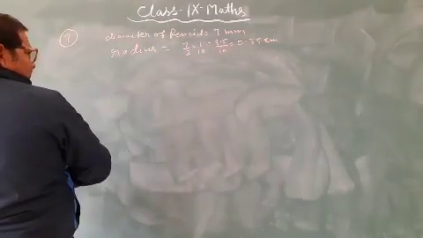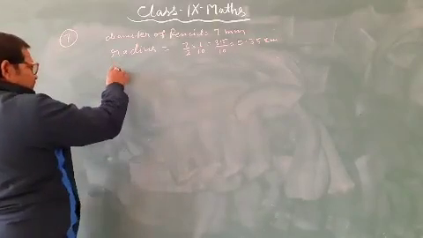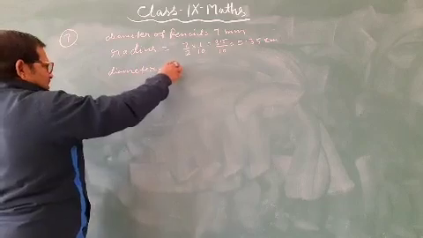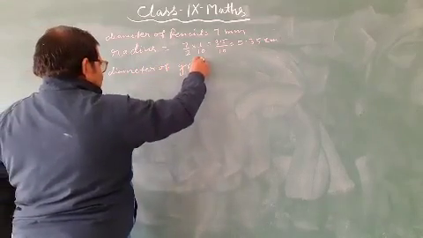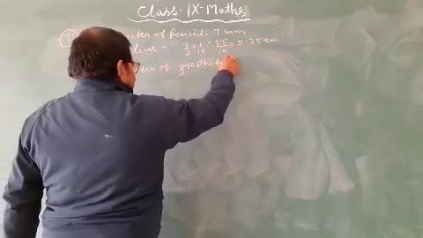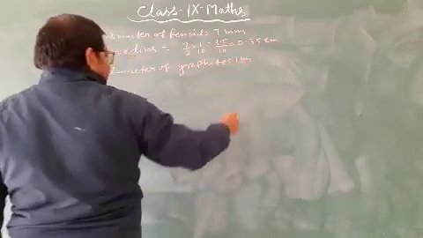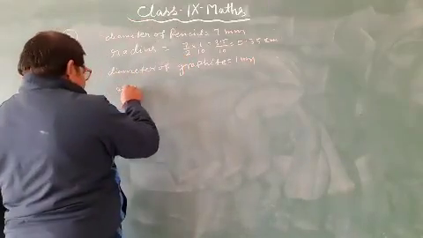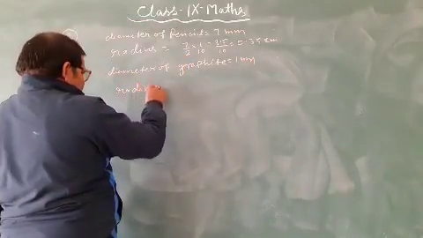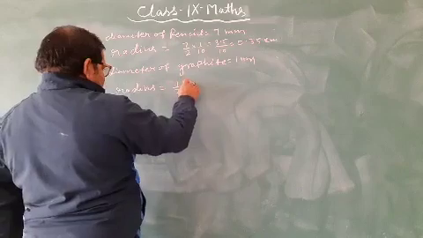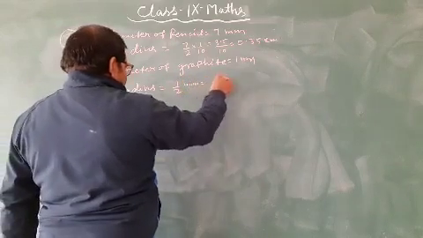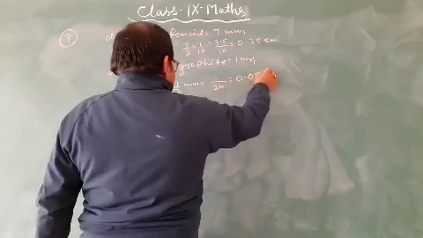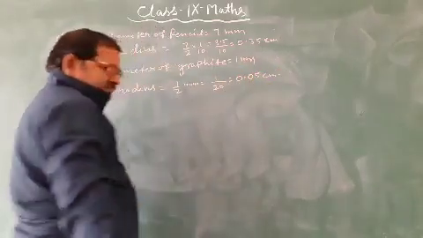The diameter of graphite is 1 millimeter. So the radius is 1 by 2 millimeter, 1 upon 20, which is 0.05 centimeter.